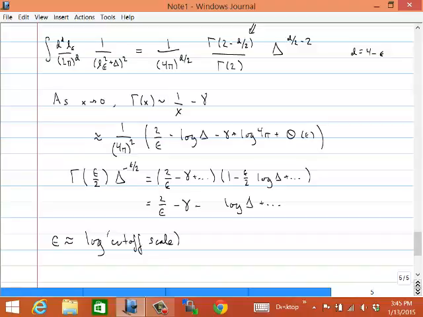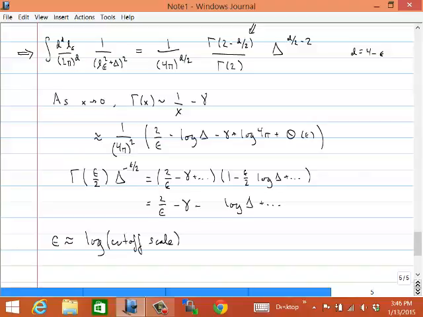The point is that this parameter epsilon should really be regarded as the log of the cutoff scale. So for example, if you took this integral that I've written down for you right here, and you regulated it using, say, some hard cutoff, then what you would find is that epsilon goes like the log of the cutoff scale, where the cutoff scale is dimensionful. And so what you're really getting here is not a log of delta, but a log of delta divided by the cutoff scale squared. In fact, that's something that you'll prove on the problem set, due Friday.